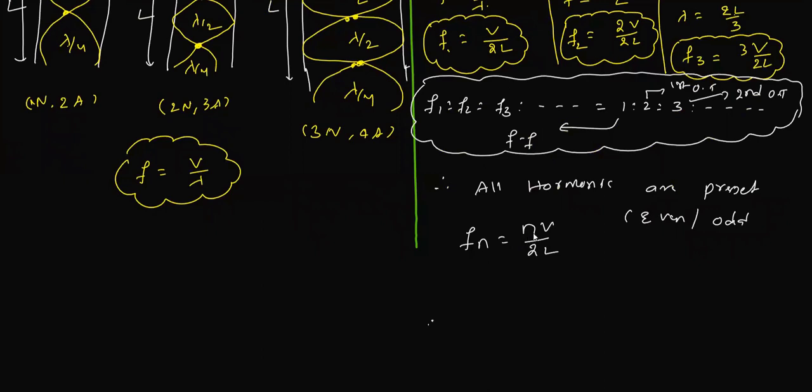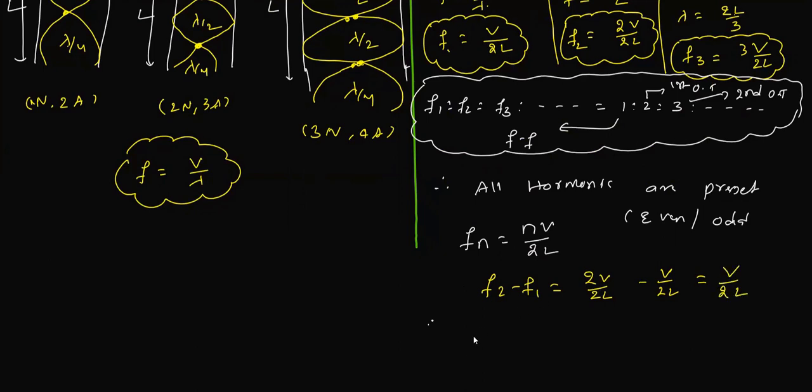For the second frequency, we substitute 2. For the third frequency, we substitute 3. For example, I would like to check F2 minus F1. F2 is 2V by 2L minus V by 2L. V by 2L will be common. 2 minus 1 is nothing but 1. So we get V by 2L.